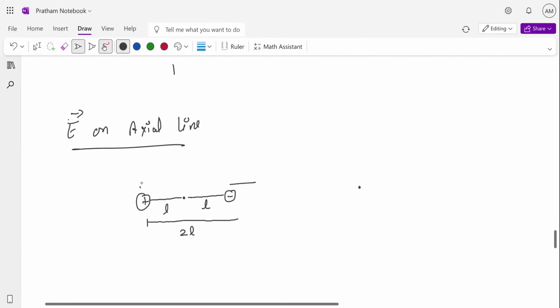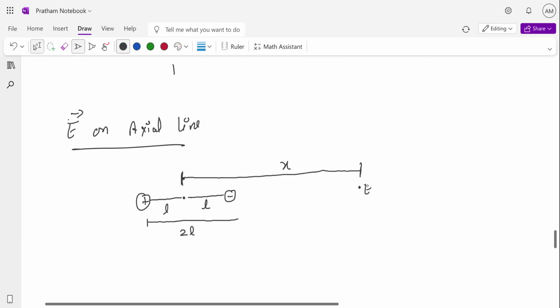If I say it is at distance x from here, you can assume that this is the condition, but it may not be. The condition may be like this. Understood my point? So when we say that the point is at distance x, it means the point is at the distance x from the center of the dipole. Clear? So this is your distance x.